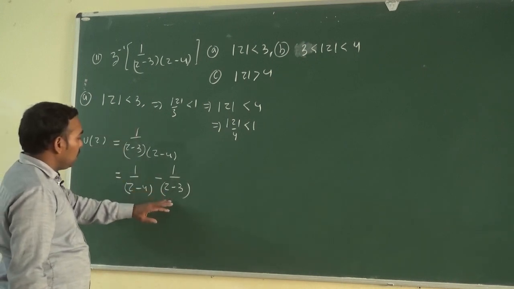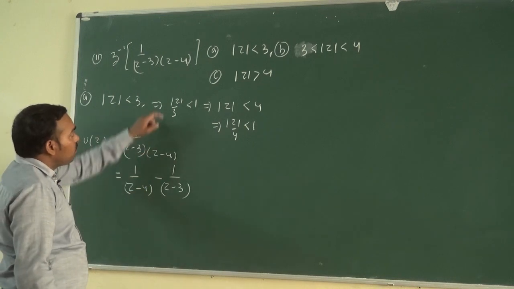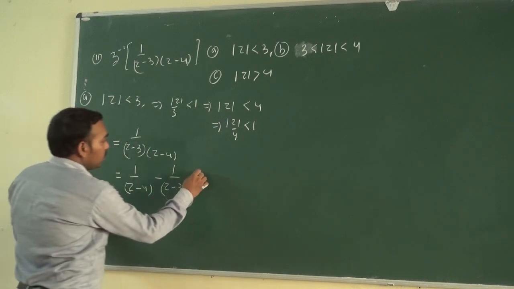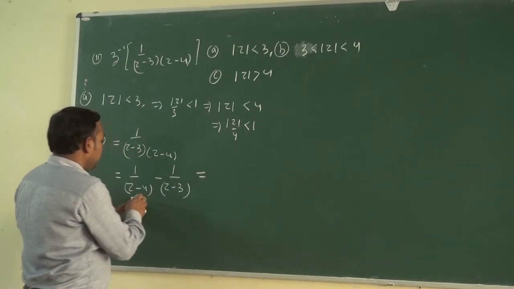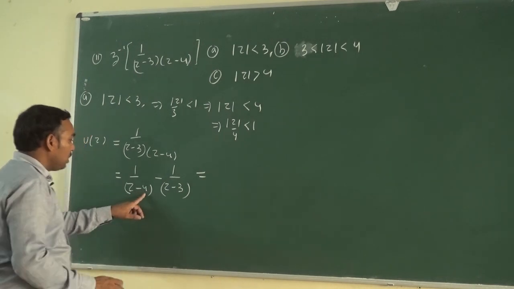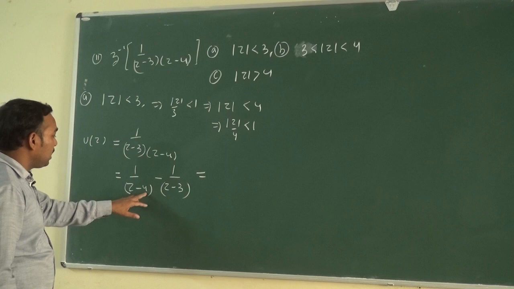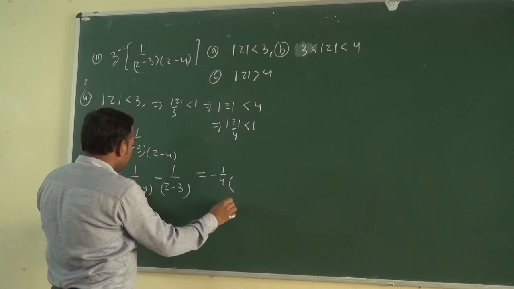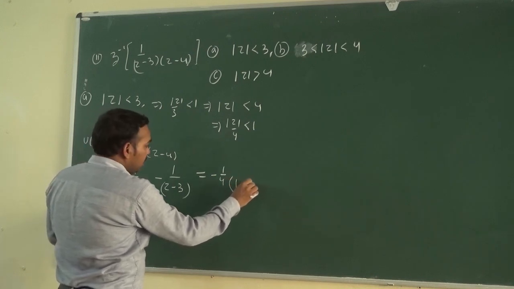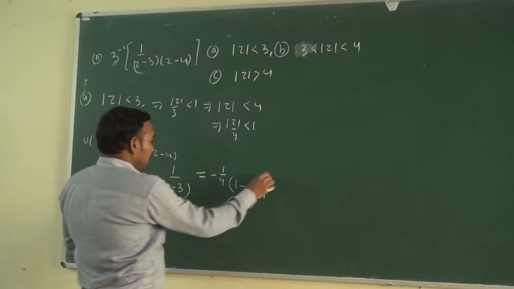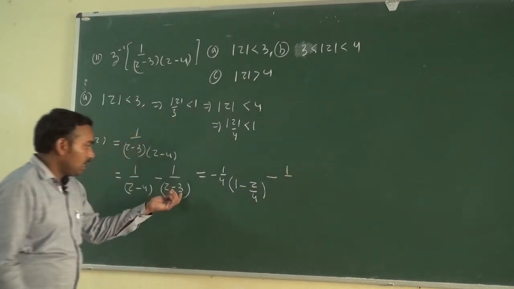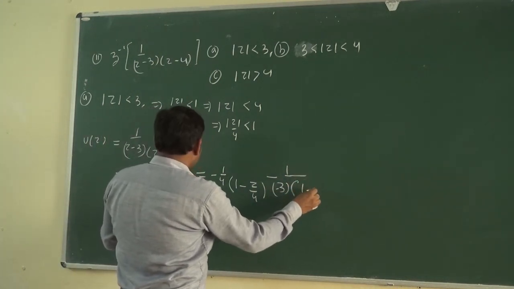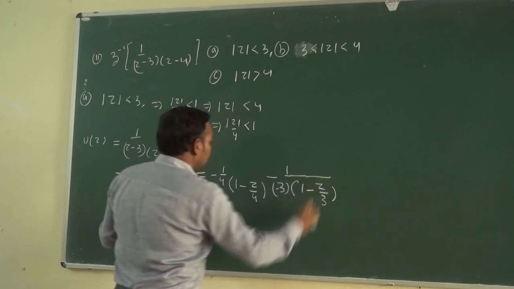So here expand this in terms of mod z upon 3 and mod z upon 4. We can write, take 4 common from here, so you can say minus 1 upon 4 as common, 1 minus z upon 4, and minus 1 upon, take minus 3 common from here, 1 minus z upon 3.